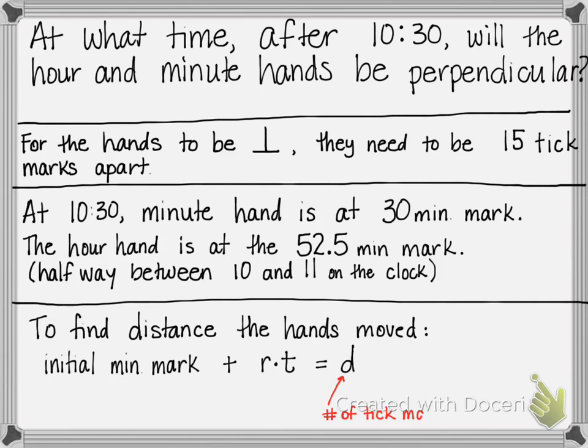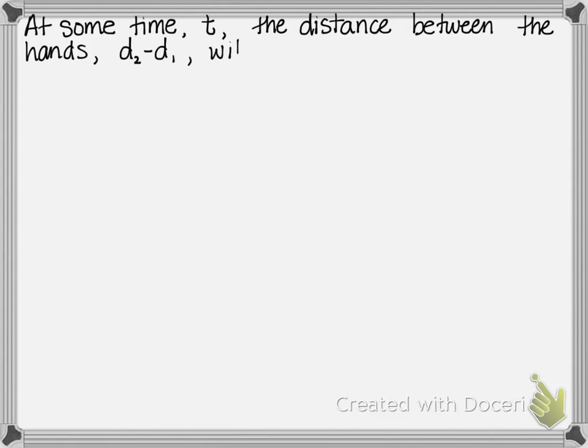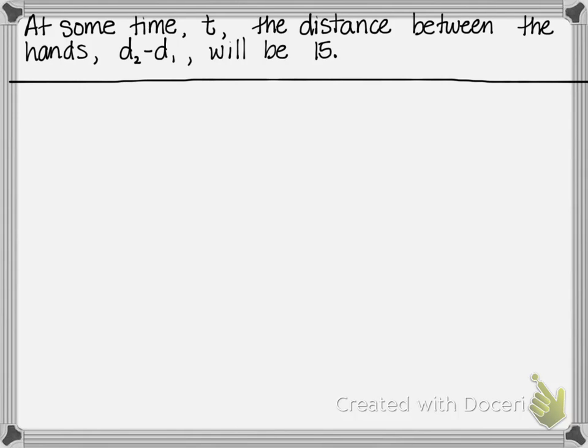In the case of the minute hand, that's the 30, and in the hour hand, that's 52.5, and we add that to the rate times time, and that's going to equal the number of tick marks that hand will have moved since the initial position. So at some time t, the distance between the hands, d2 minus d1, needs to be 15 tick marks.